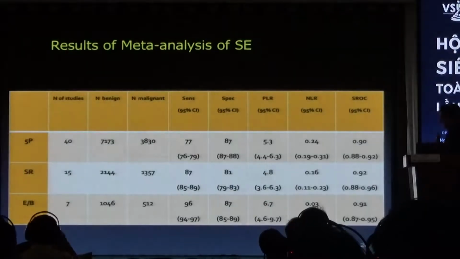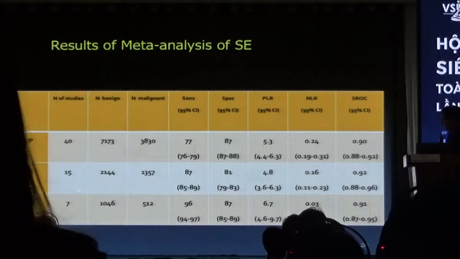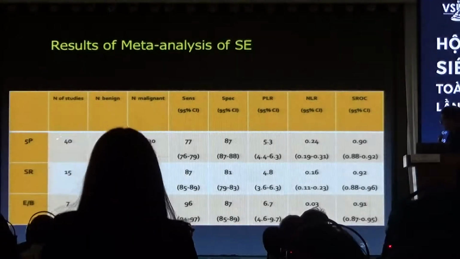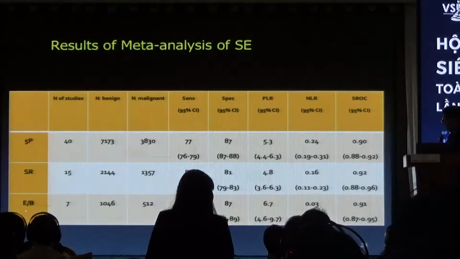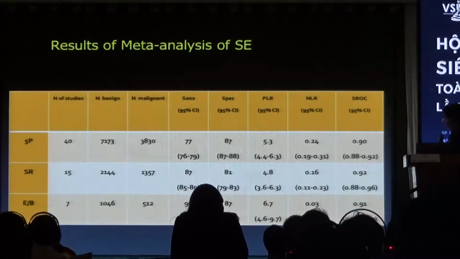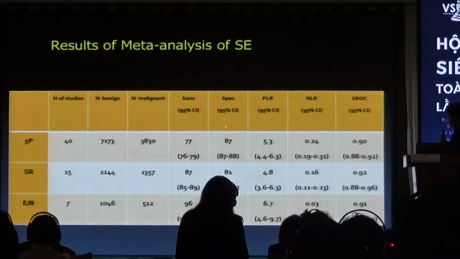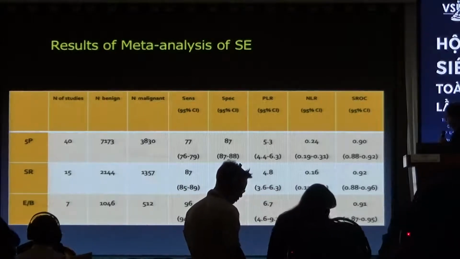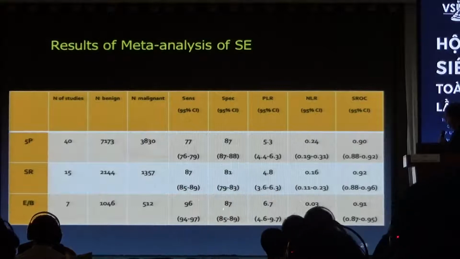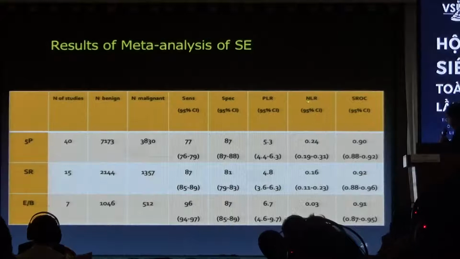We did a meta-analysis looking at a little bit over 10,000 cases, and looked at the 5-point papers, the strain ratio, and the length ratio papers. And what we found was that we think that the sensitivity of the E to B is the highest. The specificity was very similar between the cases, but the most important thing here is the negative likelihood ratio.